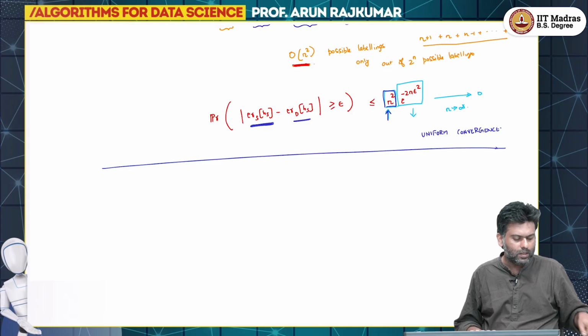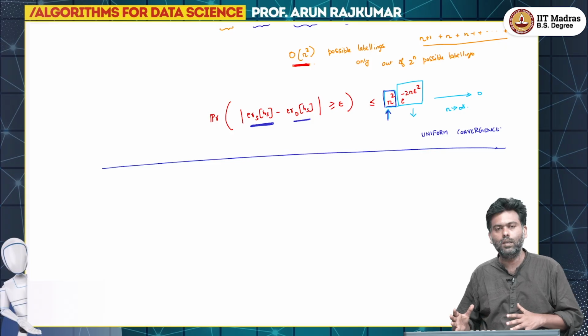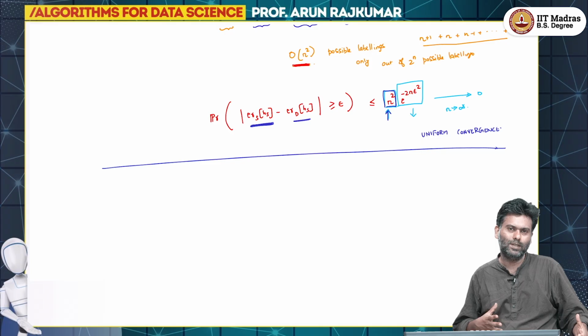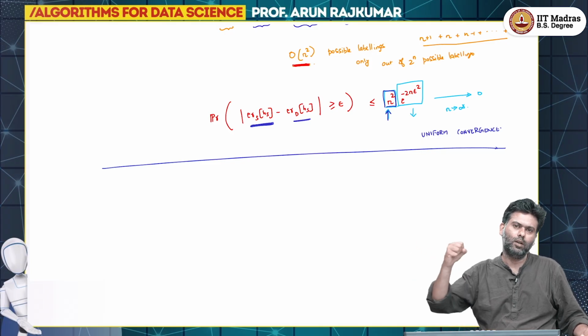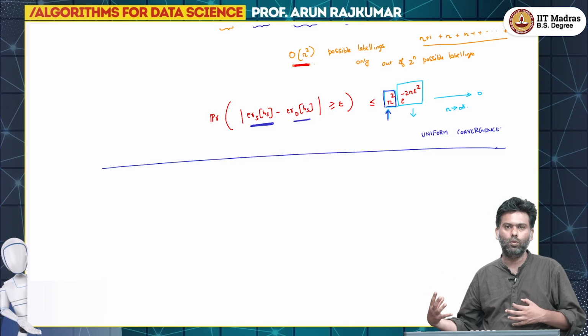But this gives us a good way forward, in the sense that we at least know that there are hypothesis classes where you don't necessarily get all possible labelings. The structure restricts the possible labelings. If the number of possible labelings is polynomial in n, then you get uniform convergence.